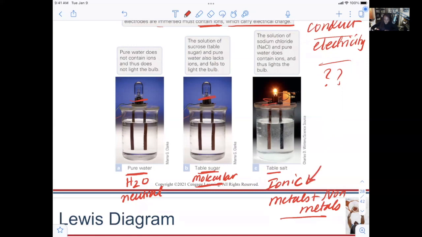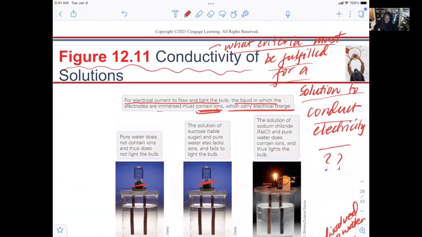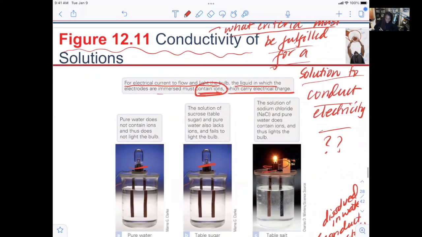So when ionic compounds are dissolved in water, what do we see? They conduct electricity. Okay. So if these solutions conduct electricity, they must be fulfilling that prerequisite, which is they must contain ions. We're told here pure water does not contain ions.